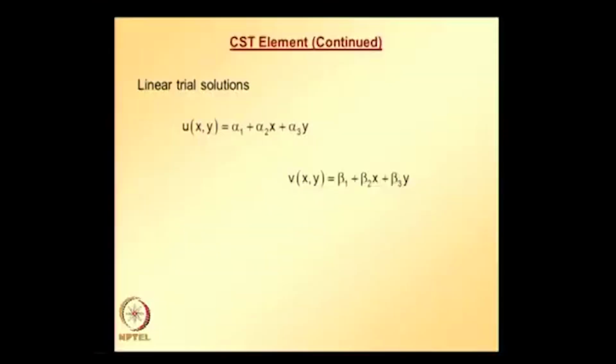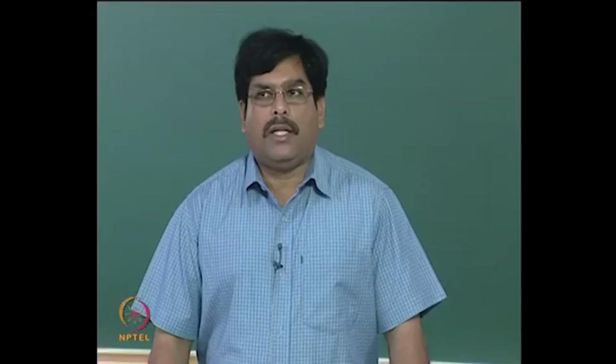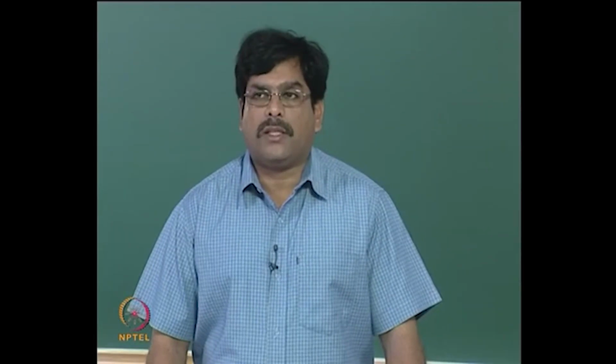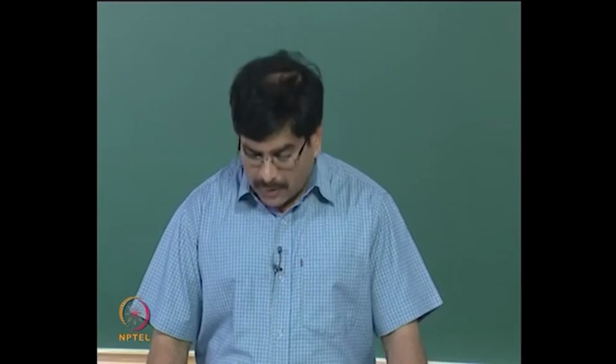So, following similar logic, we can express u, which is displacement in the x direction, like this. Similarly, displacement in the y direction, like this, where alphas and betas are unknown coefficients, similar to a naught, a 1, a 2 you have seen earlier when we were deriving shape functions for linear triangular elements starting with a linear polynomial.